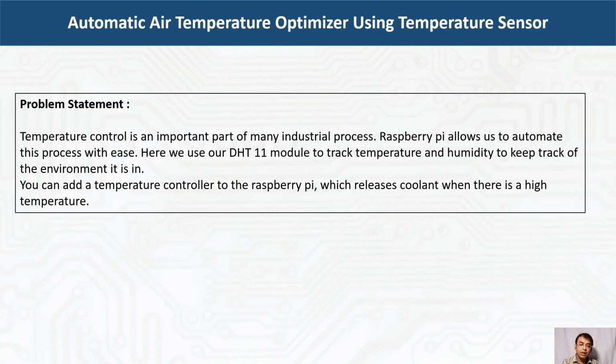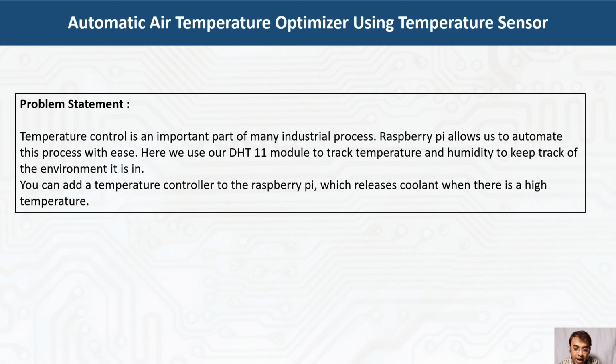So now this is the project, automatic air temperature optimizer using temperature sensor. What is the problem statement? Temperature control is an important part of many industrial processes. Raspberry Pi allows us to automate this process with ease. Here we use our DHT11 module to track temperature and humidity to keep track of the environment it is in.